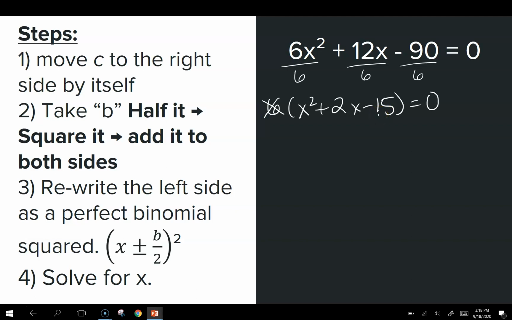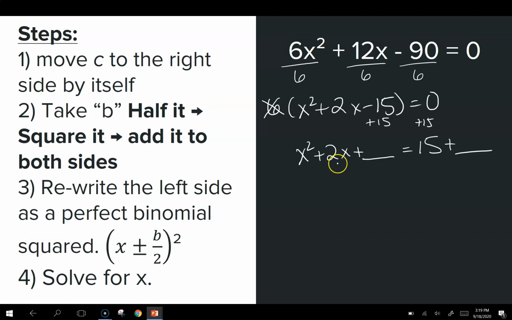What I have left, though, I'm going to add my c value over, because my a is 1 now. We have x squared plus 2x plus whatever's missing equals positive 15 plus what I'm going to... The filling in the blanks is completing the square. It's completing the equation, okay?